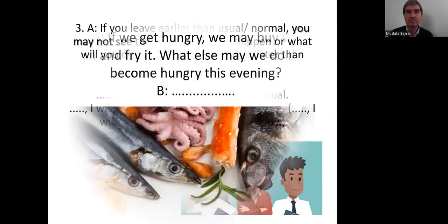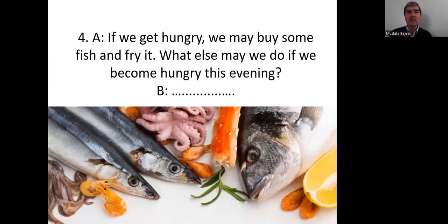Let's go ahead. Dialogue 4. Now, if we get hungry, imagine a situation like this. For example, you and a few people around you are hungry. So if we are hungry or if we get hungry, we may, this is the main clause, we may buy some fish and fry it. What else may we do if we become hungry this evening?